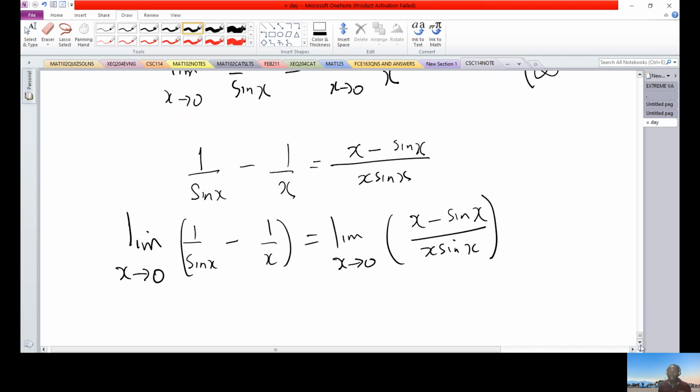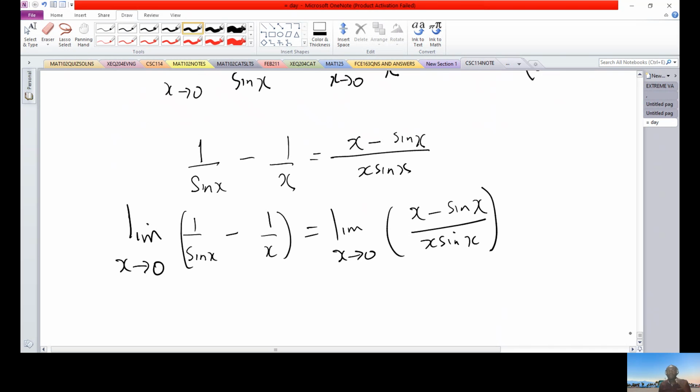And then let's try to see now, because now we have f over g, whether when you do direct substitution, we'll have a form that will allow us to apply L'Hospital's rule. So when you put 0, we'll have 0 minus sine of 0 over 0 times sine of 0. 0 minus 0 is 0, 0 times 0 is 0. So therefore, this is the case of 0 over 0. So therefore, L'Hospital's rule will work.